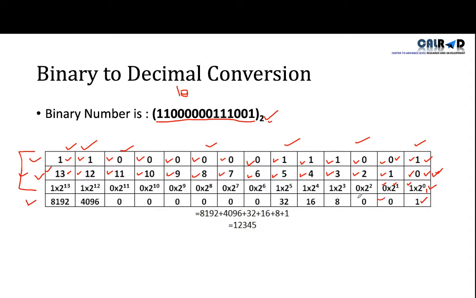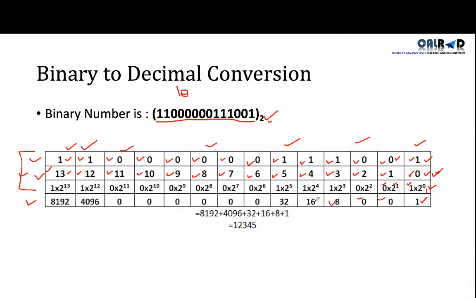We also have 0 value here. And we have 1 into 2 to the power of 3. What is 2 to the power of 3? 8. 8 into 1 is 8.